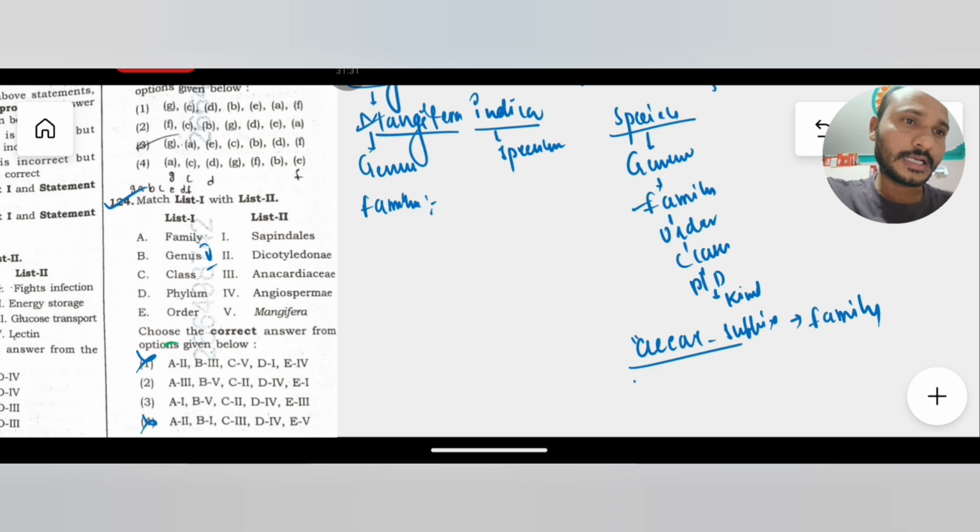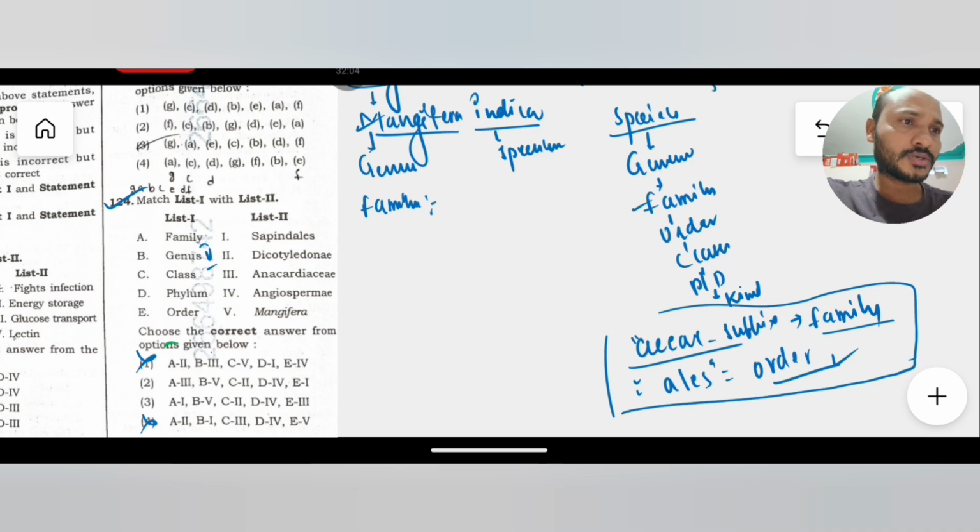Very important: a name ending with the suffix ALES is an order. If it ends with ACEAE, it must be a family. Remember these two very important notes. For example, see here, a name ending in ALES is nothing but an order.